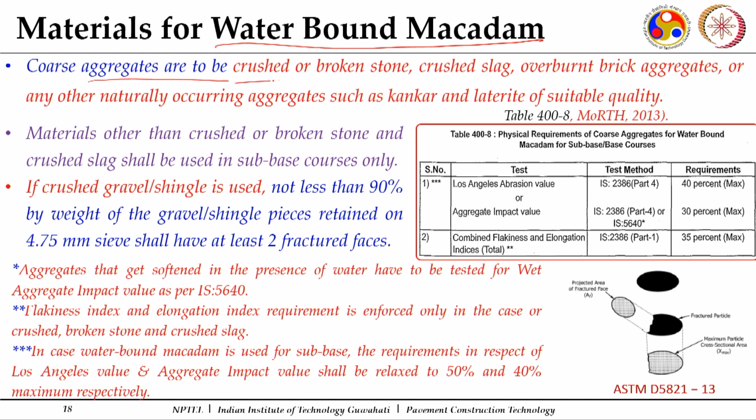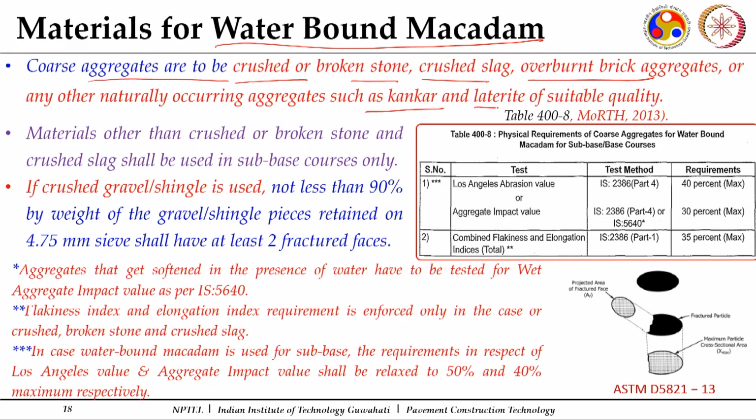Crushed or broken stone, crushed slags, brick aggregates can be used. In Mizoram, a good amount of brick aggregates are used in different construction applications. Any other naturally occurring materials such as concrete and laterite can be used, and all have to be checked for their suitability.